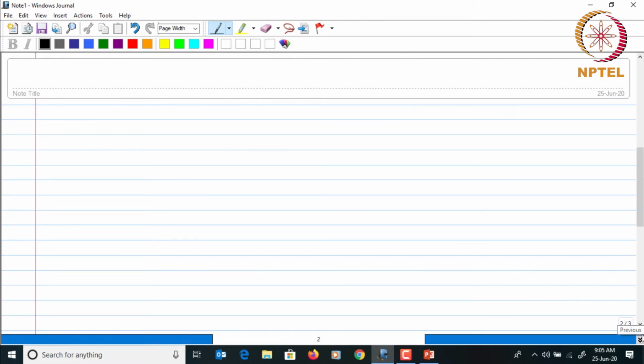Now coming back to this adsorption reaction again, the forward reaction is the adsorption process and the reverse reaction is the desorption process.